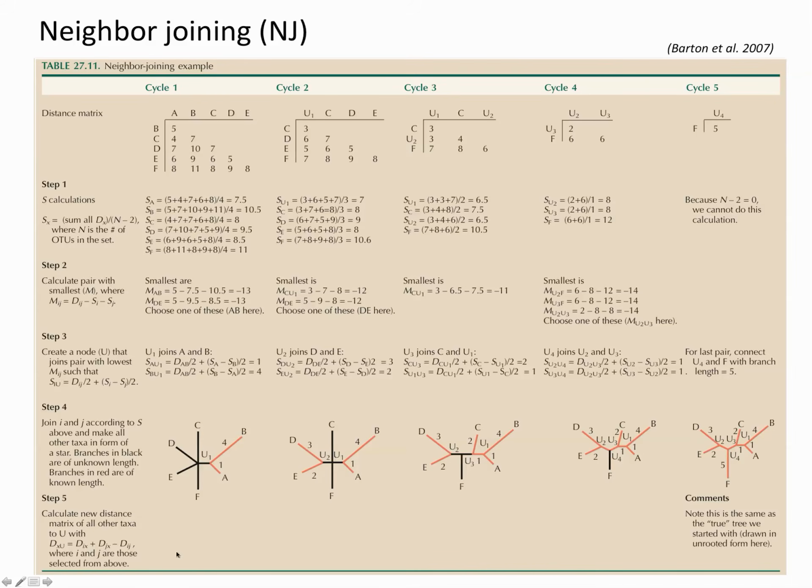We have the distance matrix here, and we calculate the distance of each node to every other node. For instance, for A, we have distance to B, distance to C, and so on. And then we divide by 4.